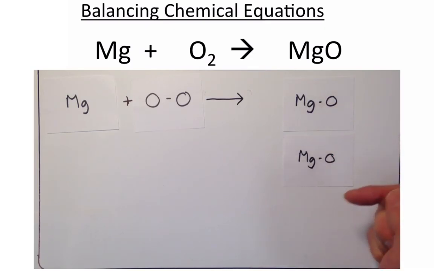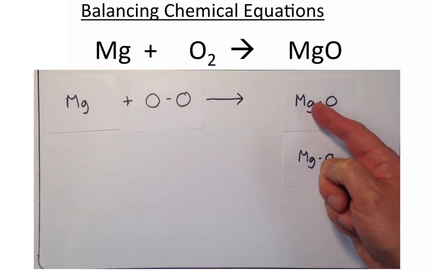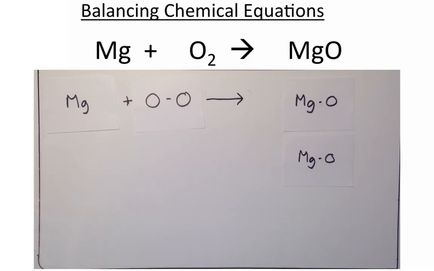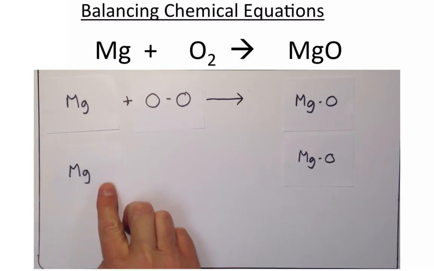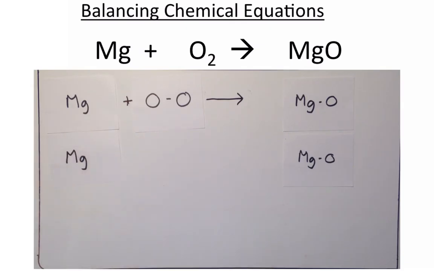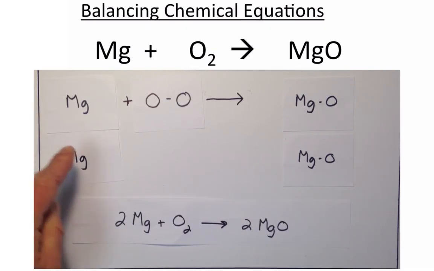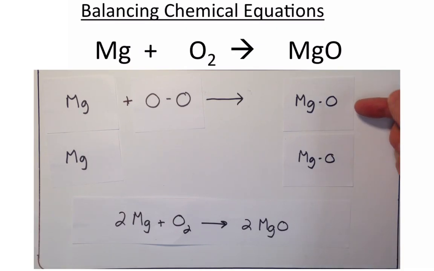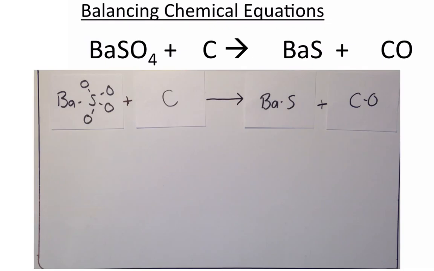Now I have two oxygens, two magnesiums, only one magnesium, so I'm going to add another magnesium, and now I have the same number of atoms on either side of the arrow sign, and so I would write this down as 2 Mg plus O2 yields 2 MgO.